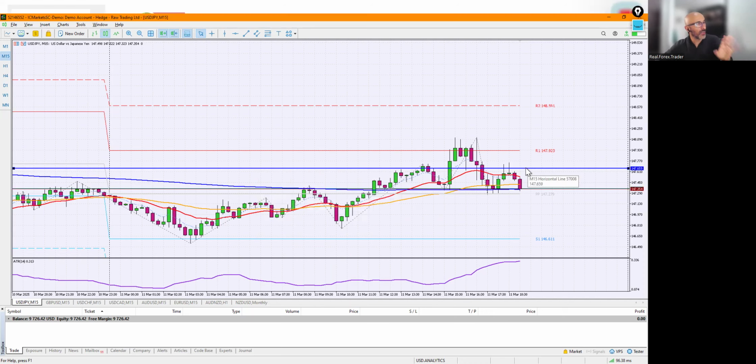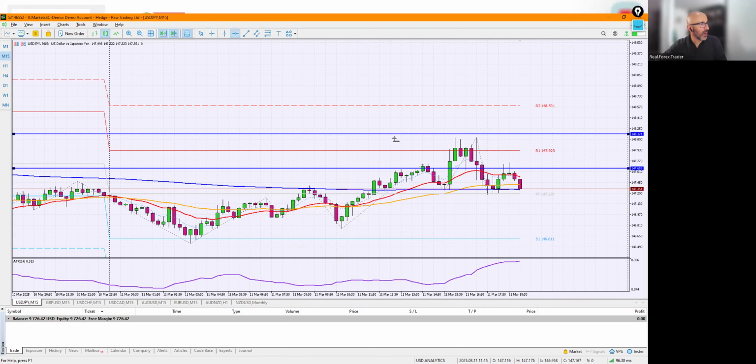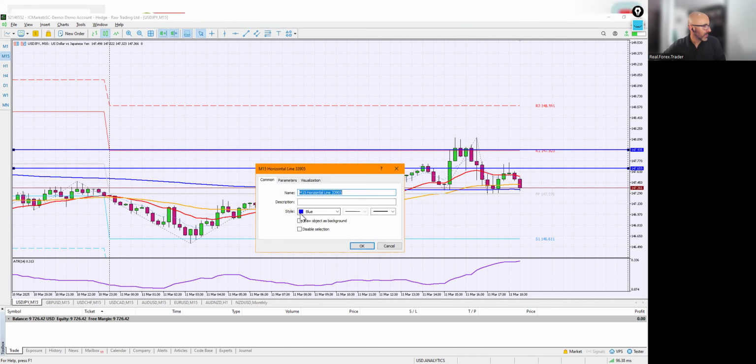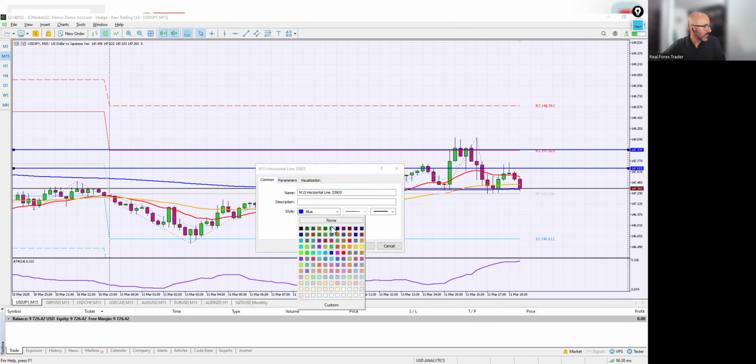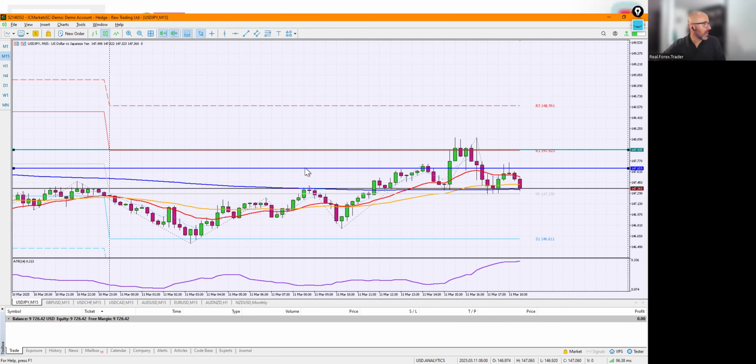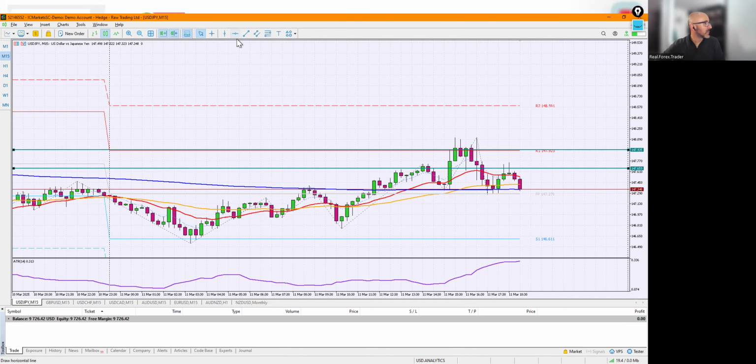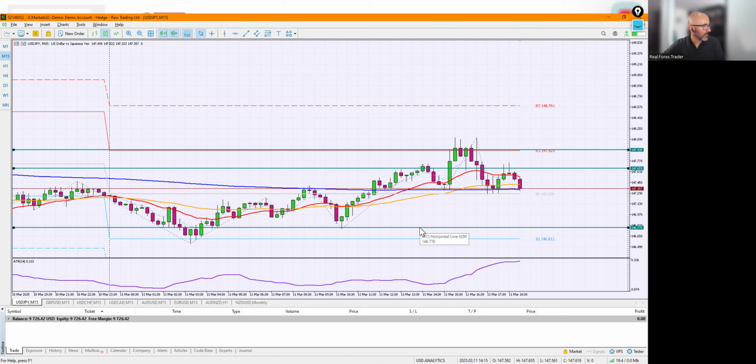So here, let's suppose that is my entry point, and my take profit is going to be around here, and my stop loss is going to be, for example, here.